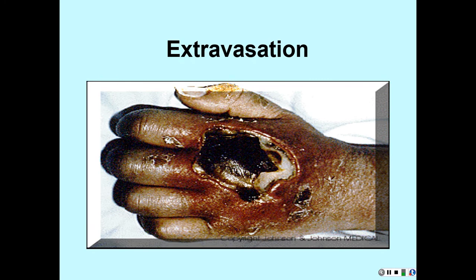You put cold compresses on this one to try to decrease the pain. Okay. And this, your patient may end up needing surgery with like skin grafts.